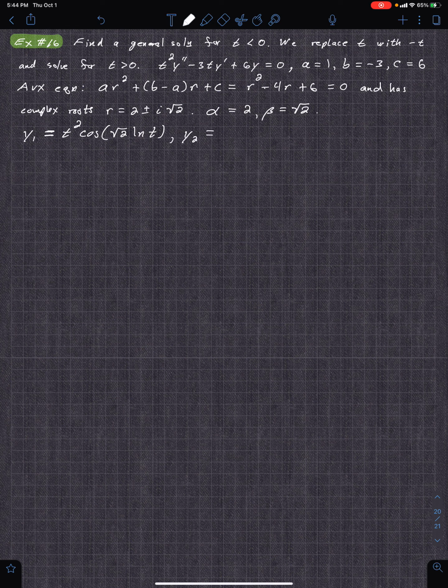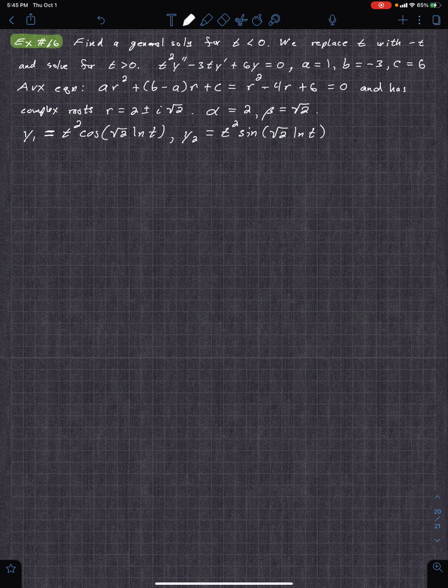Y2 is t squared sine of root 2 ln t. And so the sum of those two with c's as constants, c1, c2, is your general equation. And then you just replace the variable back.